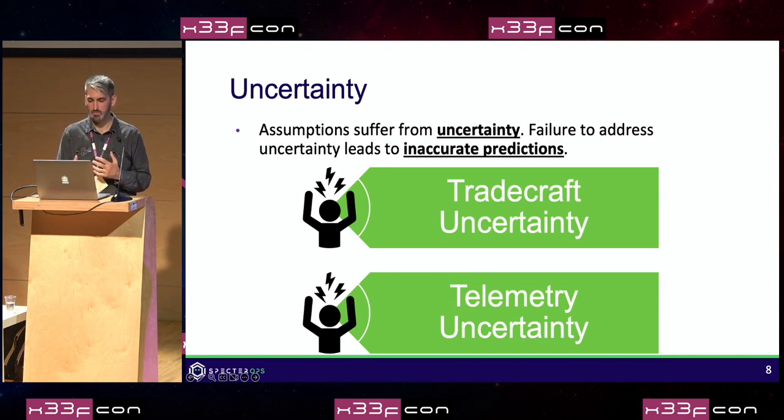And as I was talking about on the last slide, we're dealing with two main types of uncertainty. Uncertainty related to tradecraft, which in and of itself is a Herculean effort just to identify what current tradecraft looks like, let alone what type of tradecraft is likely to be employed in a specific environment at any given time.